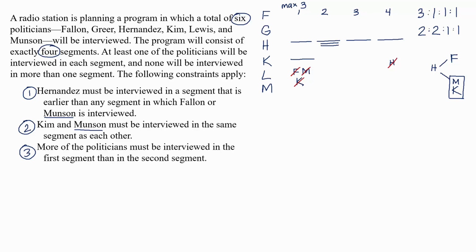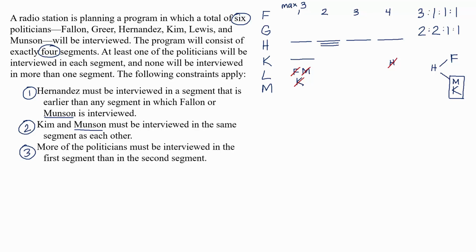Let's see what else we can deduce by revisiting some of the rules, now that we have some stronger number guidelines. We learned that Munson and Kim are together and that they're sometime after Hernandez. Well, we just deduced that there can be only 1 politician interviewed in segment 2. This tells us that the Munson and Kim pair, which we know can't be in the first segment, must be together at some point in the third or fourth segment.